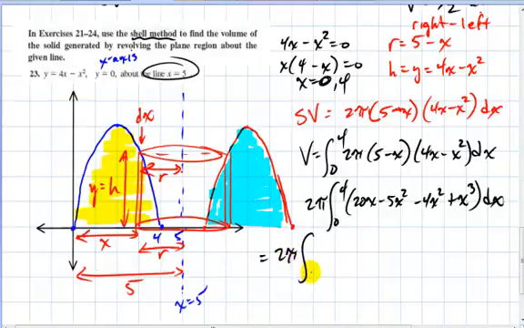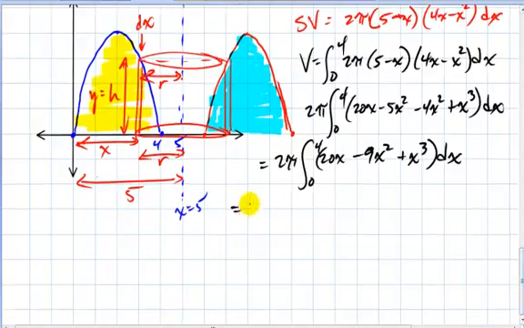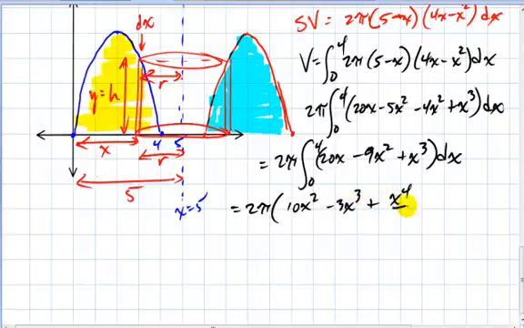Let's continue down here. 2 pi times the integral from 0 to 4 of 20x minus 9x squared plus x cubed dx. All we have to do is integrate now and evaluate and see what we get. So the integral of 20x would be 10x squared minus 3x cubed plus x to the 4th divided by 4, from 0 to 4.